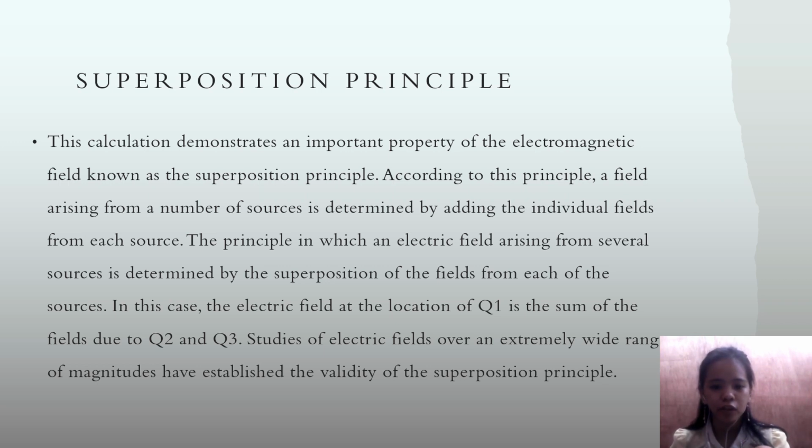In this case, the electric field at the location of Q1 is the sum of the fields due to Q2 and Q3. Studies of electric fields over an extremely wide range of magnitudes have established the validity of the superposition principle.